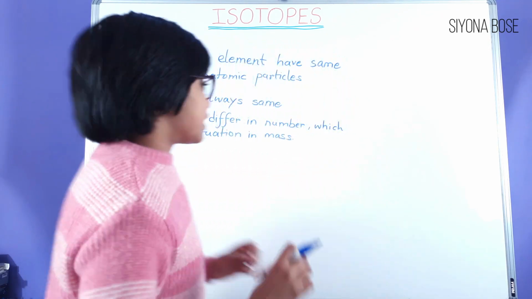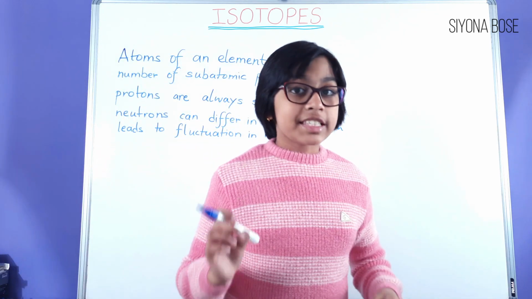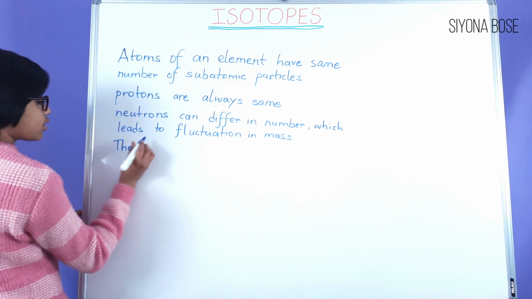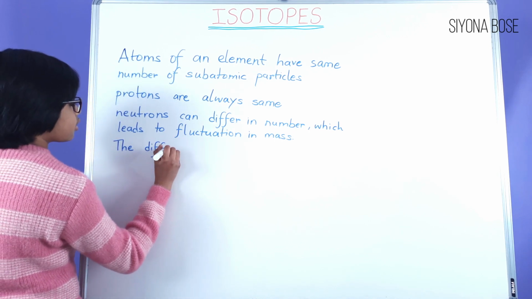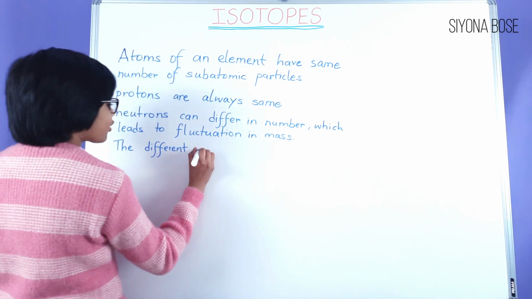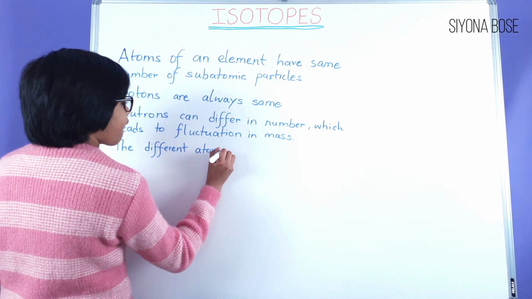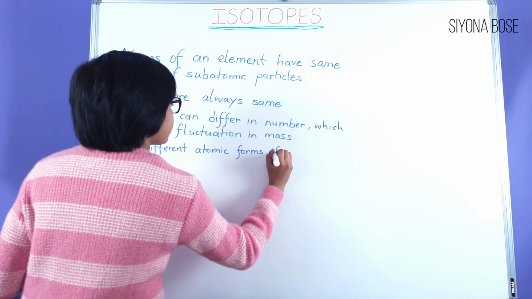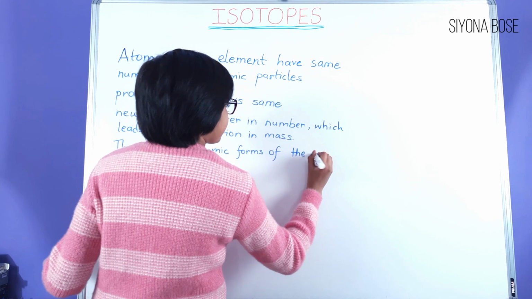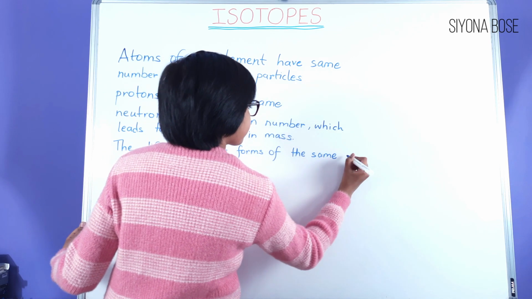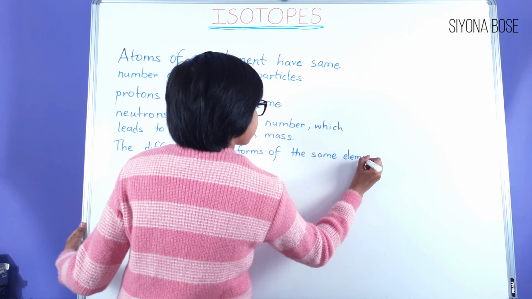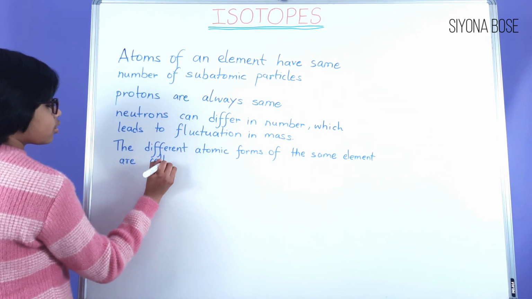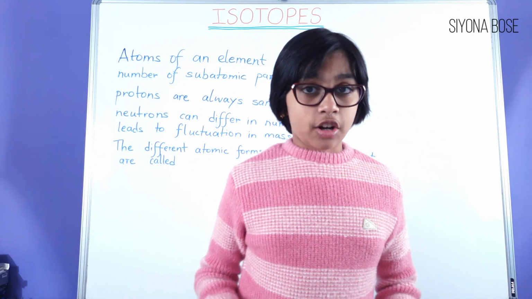Because of this, the different atomic forms of the same element are called isotopes.